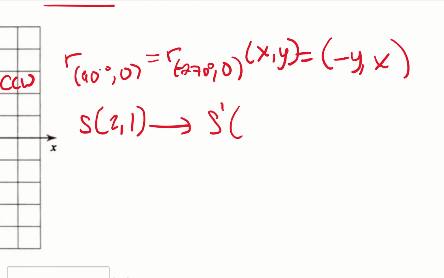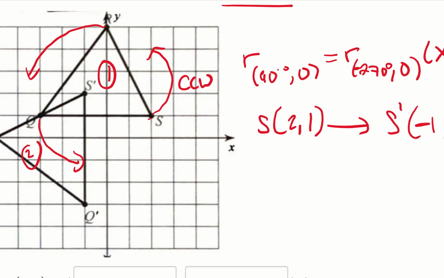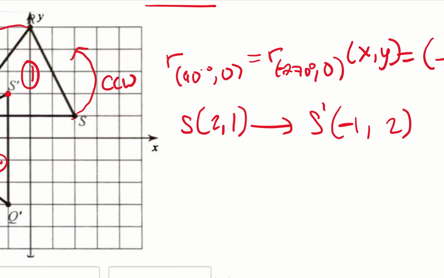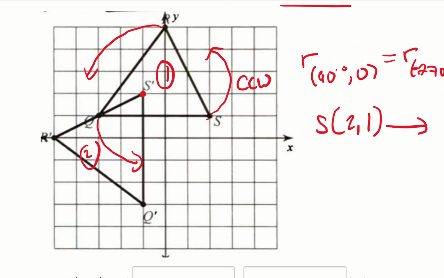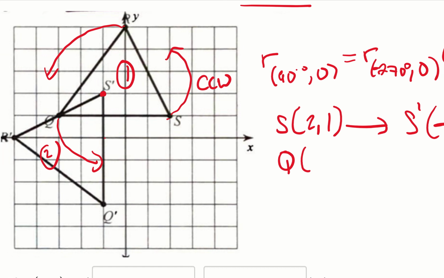The x and the y switch, and then the first coordinate is the opposite sign, so it's going to be (-1, 2). And if you think about it, look, this is actually (-1, 2). So this lines up perfectly with what we want. That's S prime. Let's do Q. Q is (-3, 1).